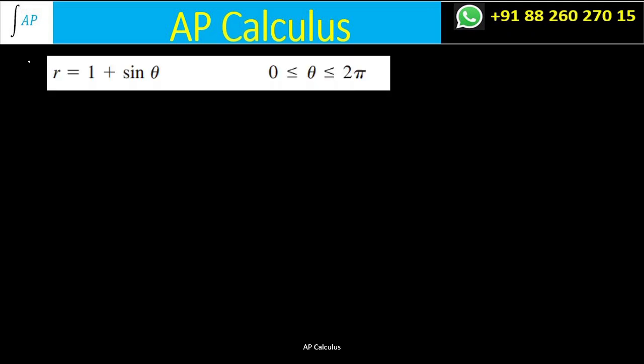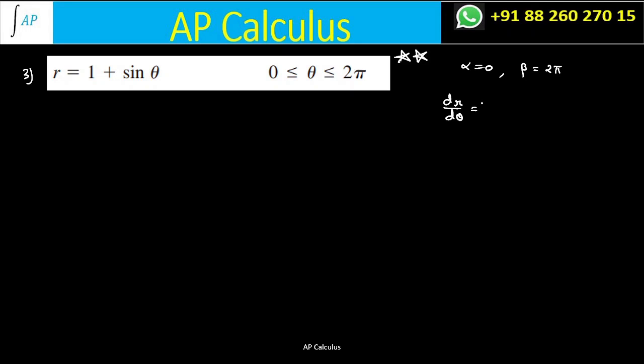Now let's see this third question. This is the important one, we should say. The working over here, without the calculator, we are going to do, and the working is really important over here. So let's see. Alpha is 0, beta is 2 pi, and what will be the dr over d theta?